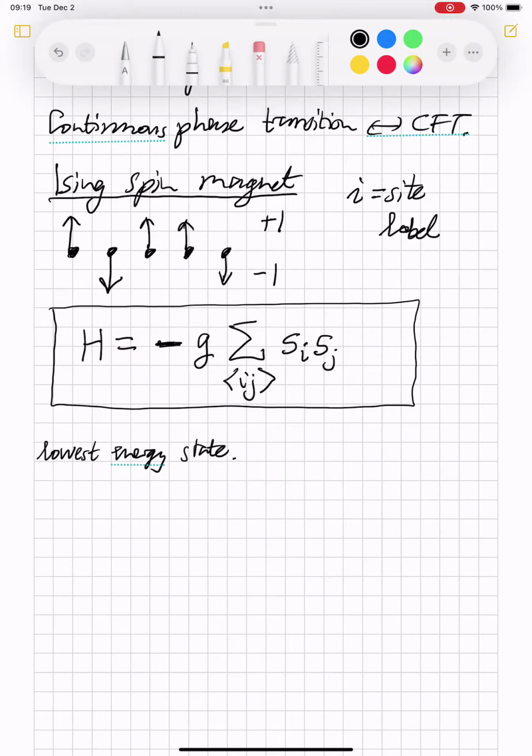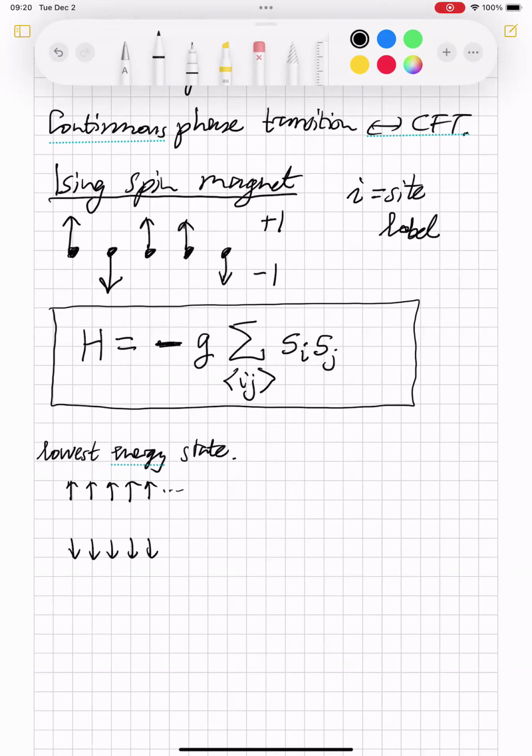So the one state has all of the spins pointing up. So everything points up. This is the first state. But there's a second state of lowest energy, which has all of the spins pointing down. And of course, these two states are different. You can certainly distinguish them by looking, for example, at the values of the spin.